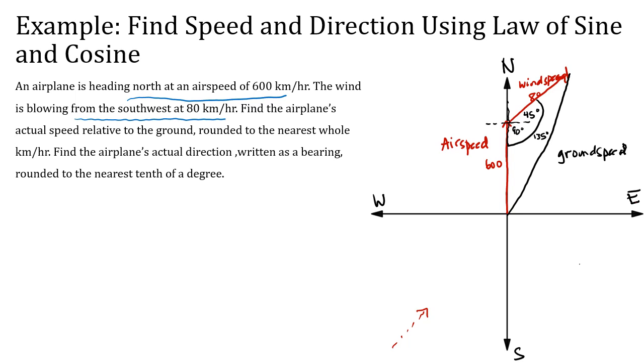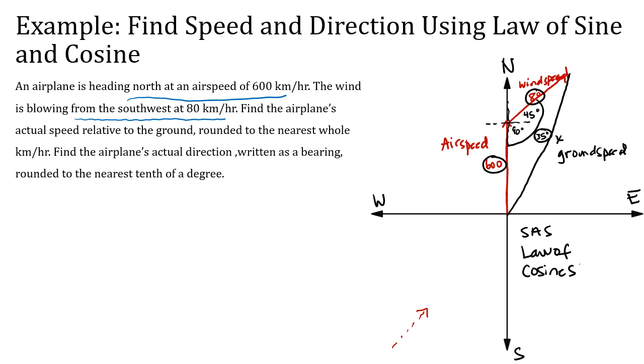I can do that using the law of sines or cosines. I'm being given a side, I know an angle, and then I know another side, don't I? So I have side-angle-side, and when you have side-angle-side, you can use the law of cosines to solve. Now, the side that I'm trying to determine, I'll call it x.